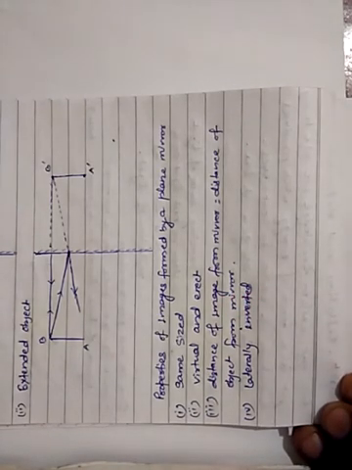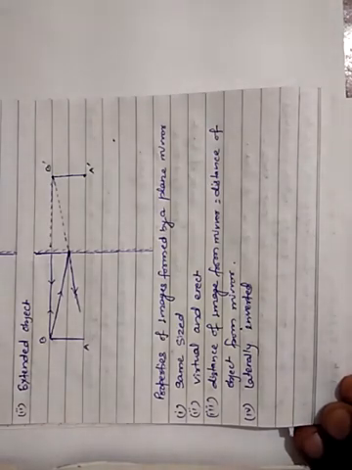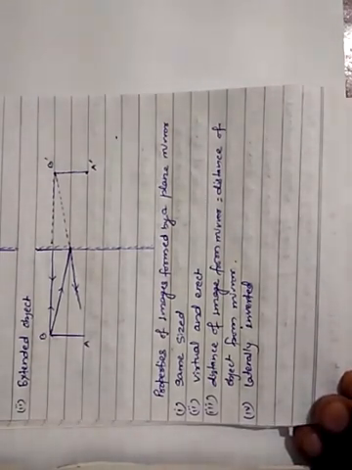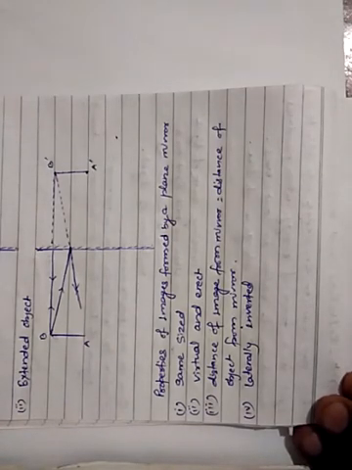One more property is given here, the formed image is laterally inverted. I think you all are familiar with this phenomenon, lateral inversion. Question is, what is this lateral inversion? We used to say it is the phenomenon of exchange of left and right between object and image. You can observe this lateral inversion.